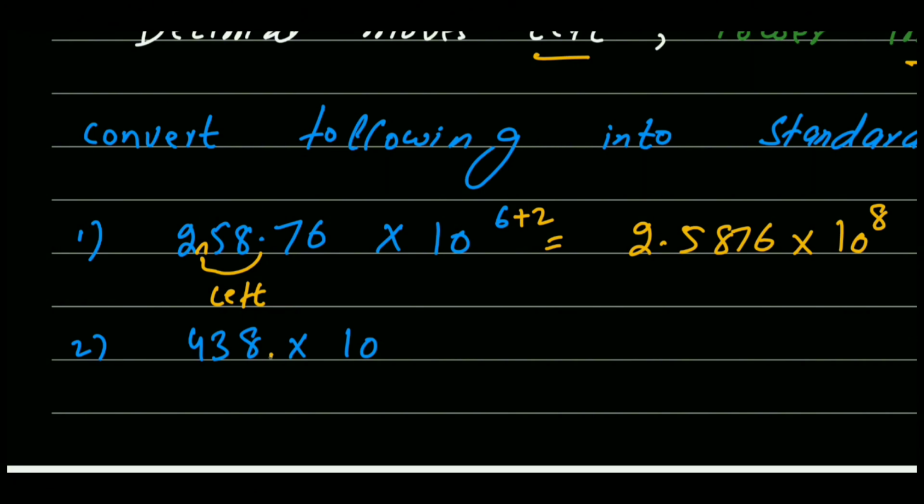So our decimal has to move two numbers left. Power will be increased by 2. It was 7, so it will increase by 2. So what will be our final answer? 4.38 multiplied by 10 raised to power 9.